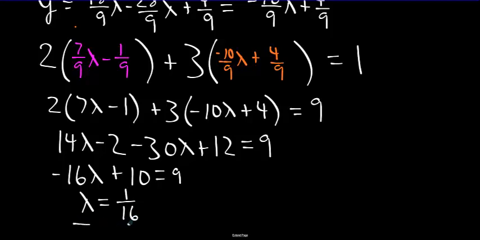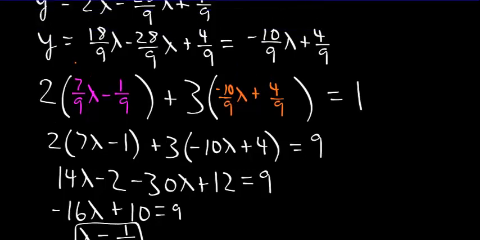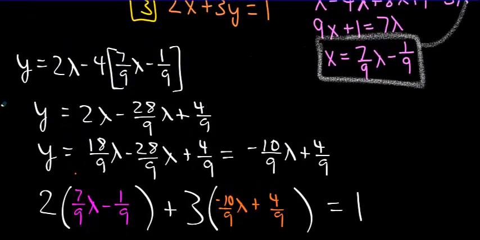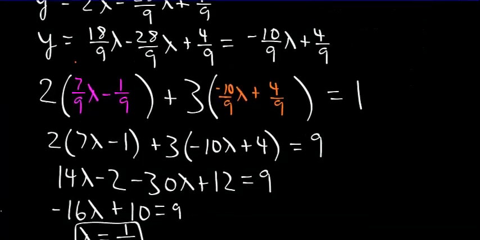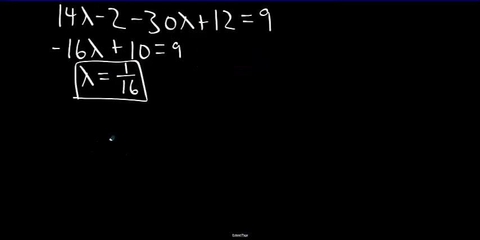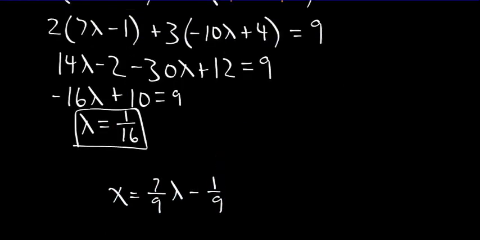Okay. Now, if lambda is equal to 1/16, then we ought to be able to determine what x is and what y is. So let's go back and see. We've got that x is 7/9 lambda minus 1/9. Let me just make sure.